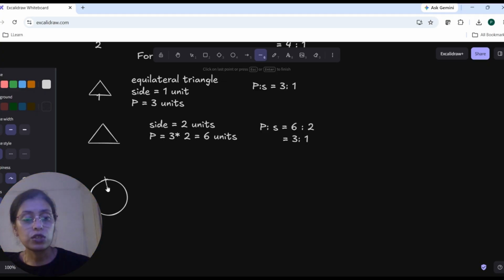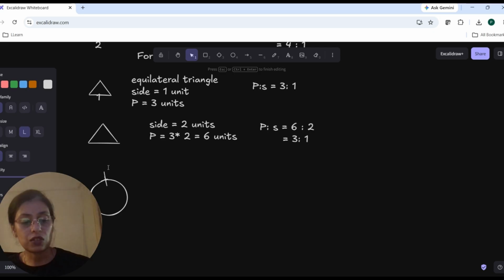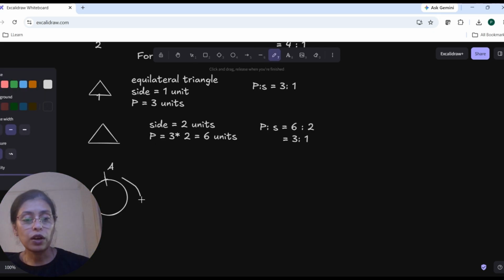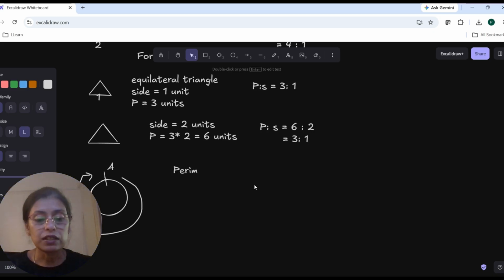Again, you start from this point, and then you just go around and around and you again reach back at point A. This becomes our perimeter of the circle. But in the case of circle, perimeter of the circle is called circumference.